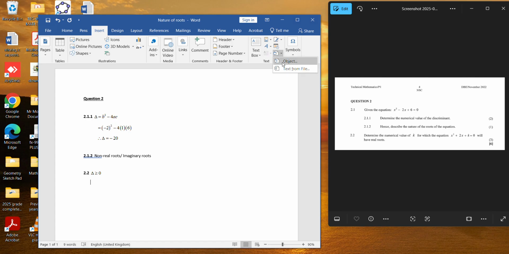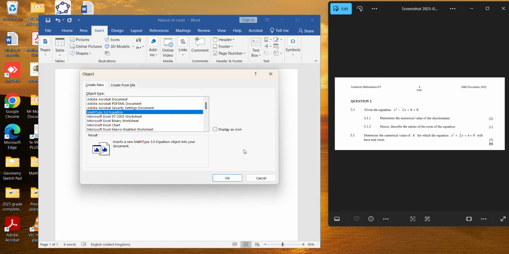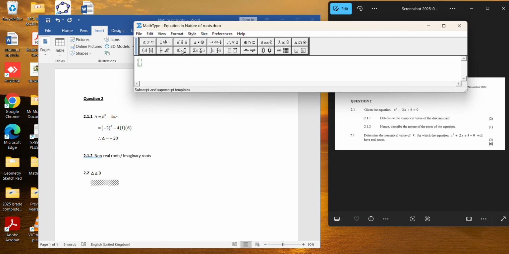Then let us do that to say delta is equal to b squared minus 4ac. That should also be greater than or equal to 0.